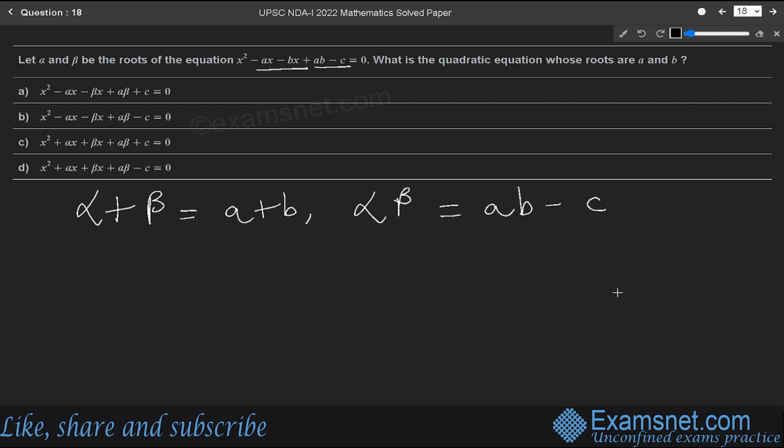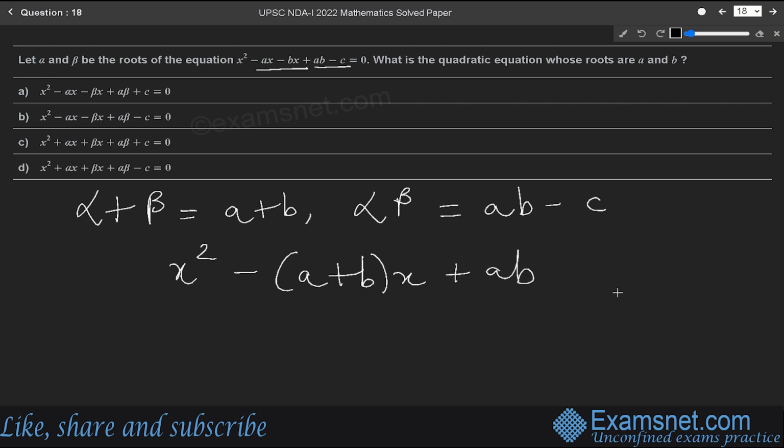It is asked which of the following quadratic equations is correct whose roots are a and b. We know that the quadratic equation whose roots are a and b is x square minus a plus b into x plus ab. This is the equation whose roots are a and b.